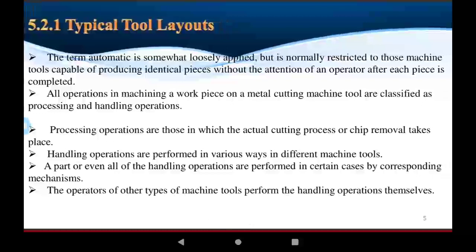Okay, handling of the operation, all the operations in machining a workpiece, on a metal cutting operation. This is the manufacturing, this is the CNC machine selected for removing the extra material on the surface of the workpiece.